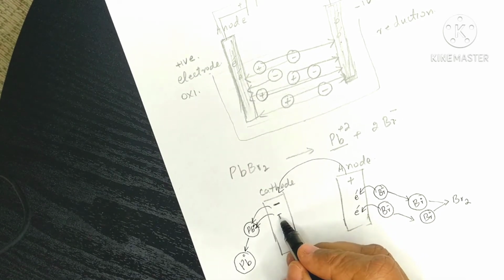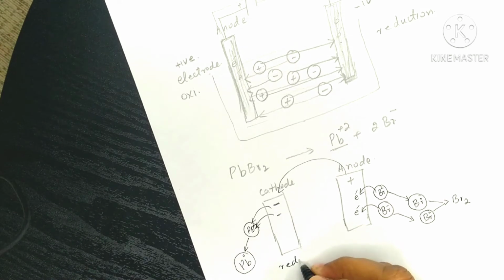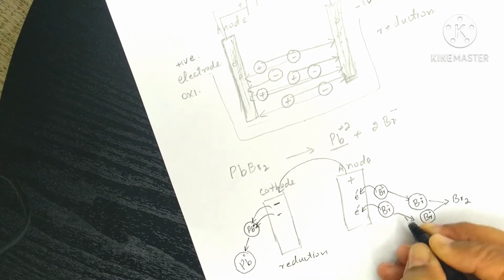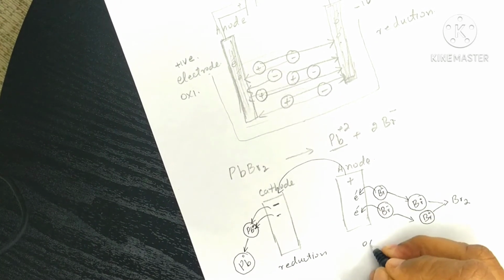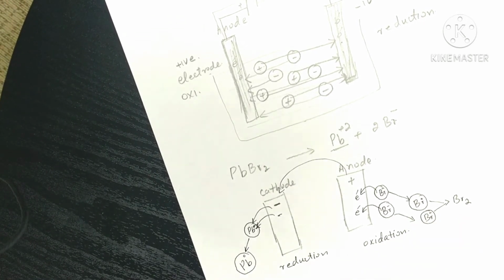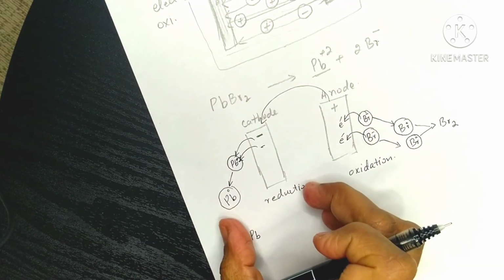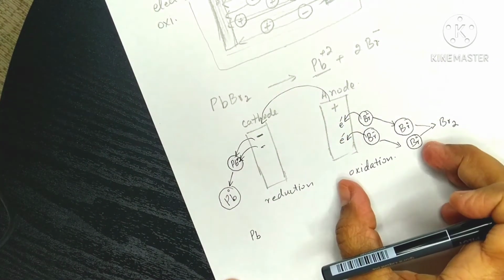Here is the addition of the electron, so this process is called reduction, and here is the removal of the electron, which is called oxidation. Now this is the reduction half, and this is the oxidation half.